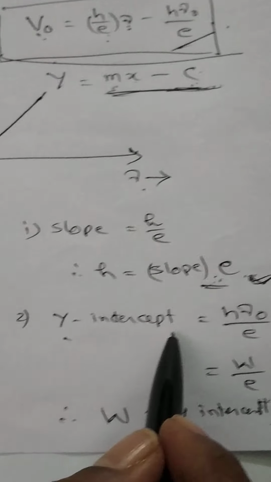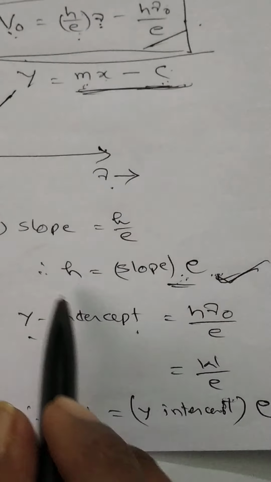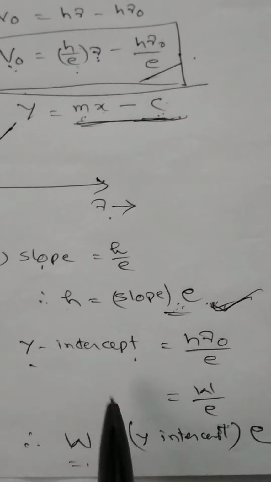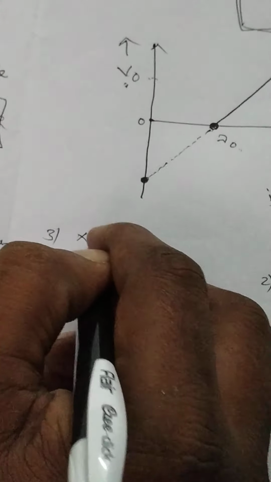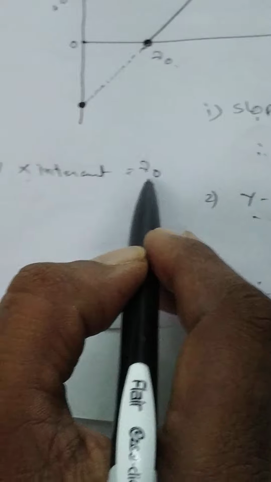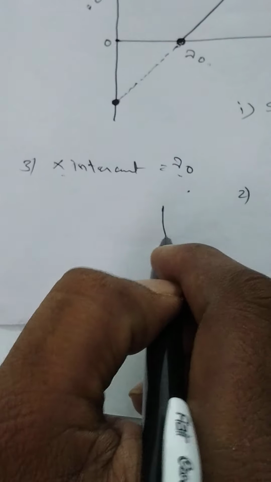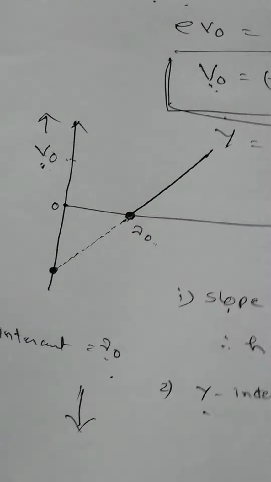From the y-intercept we can find the work function of the photometal. From the slope h is calculated, from the y-intercept the work function is calculated, and third, the x-intercept is equal to nu naught, from which we can find the threshold frequency. So these are very, very important concepts and problems.